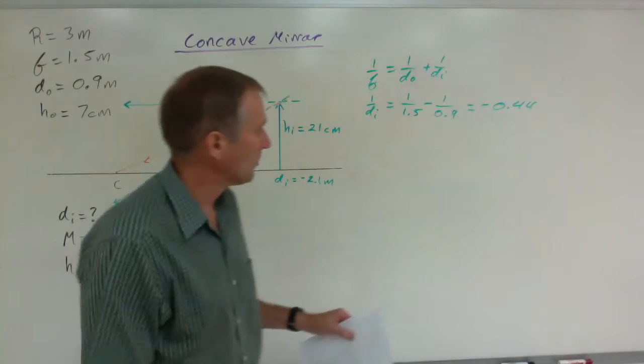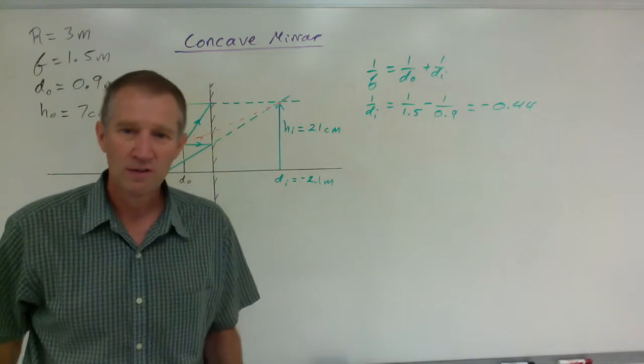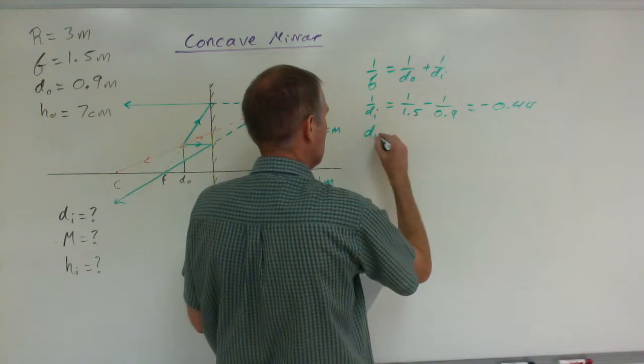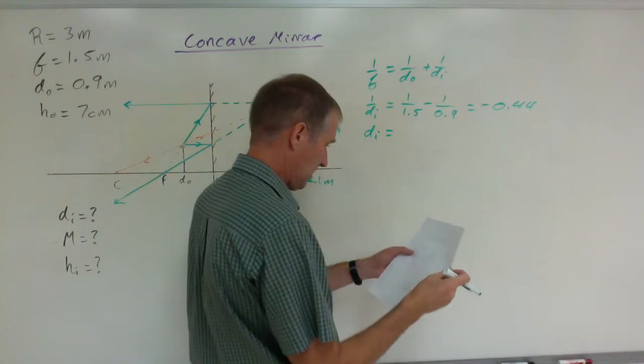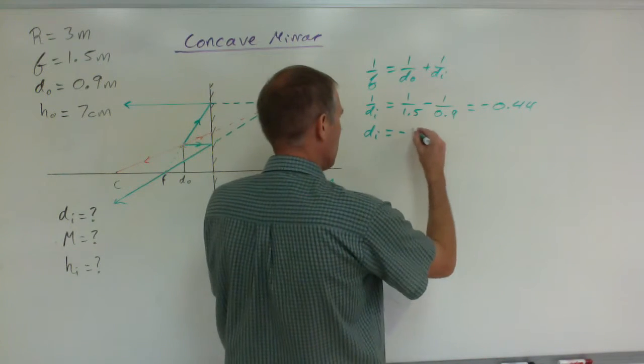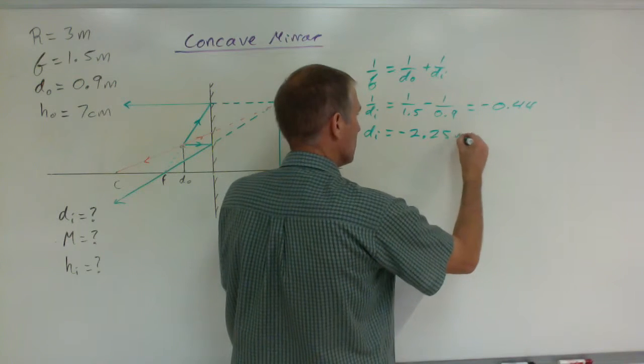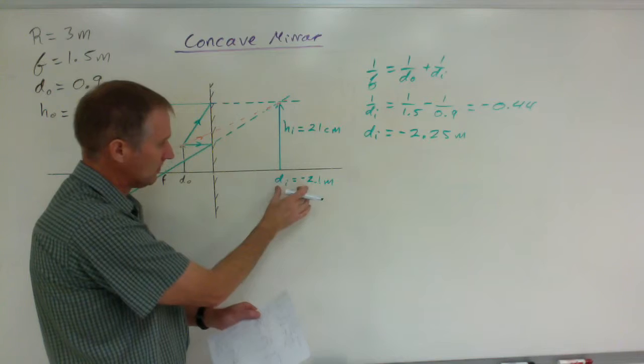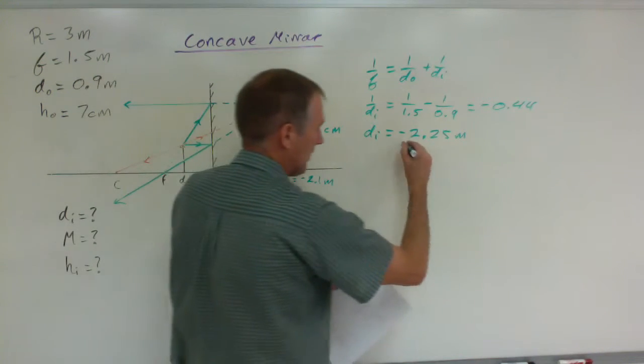Remember, that's not the answer because that's 1 over DI. I actually want DI, so take the reciprocal of that. That came out to be negative 2.25 meters. Okay, not bad. In my sketch I had measured negative 2.1. This is the actual value right here.